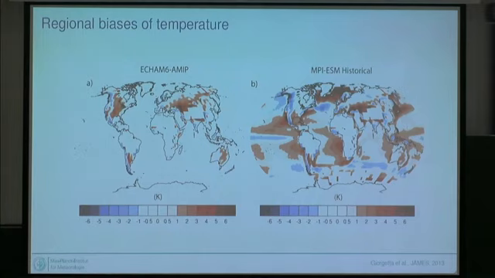So this is just an example of how the atmosphere-only model is doing in terms of regional biases of temperature compared to observations. And this is regional biases we do get in the coupled model system. And we're pretty happy with those, especially over land. We usually have fairly small biases of plus minus 1 degree. Biases are a bit larger over the ocean.